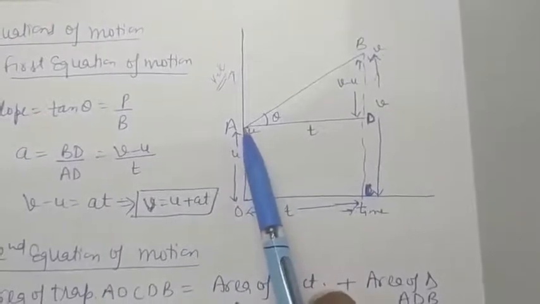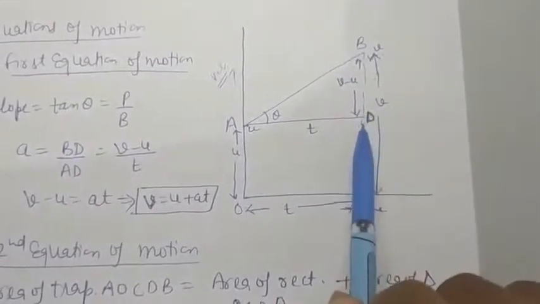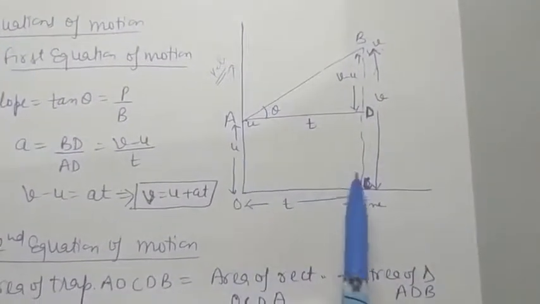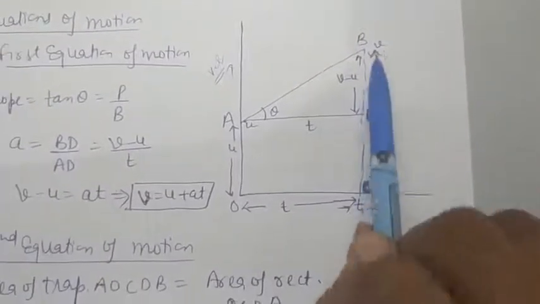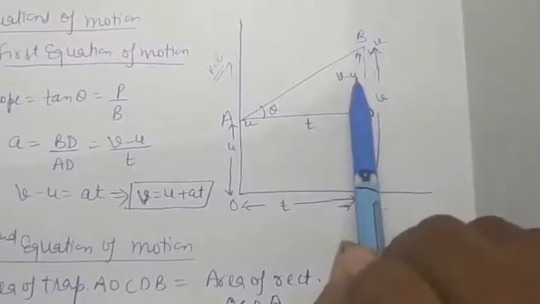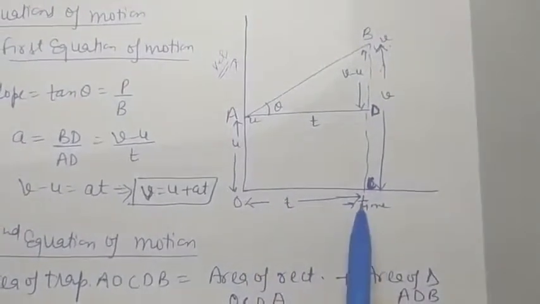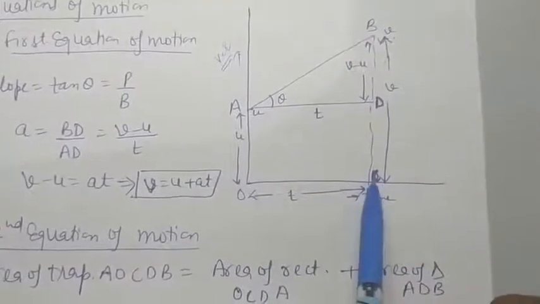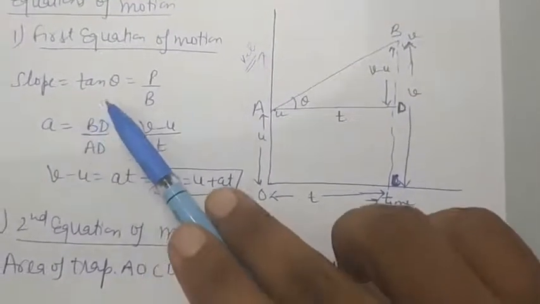Draw a perpendicular from B to C, and a line from A to D, making an angle theta. If this is u, that is also u, then this value will be v minus u, because the complete is v and that's u. This distance from 0 to time t will be t, that is also t, because it will become a rectangle. Right?